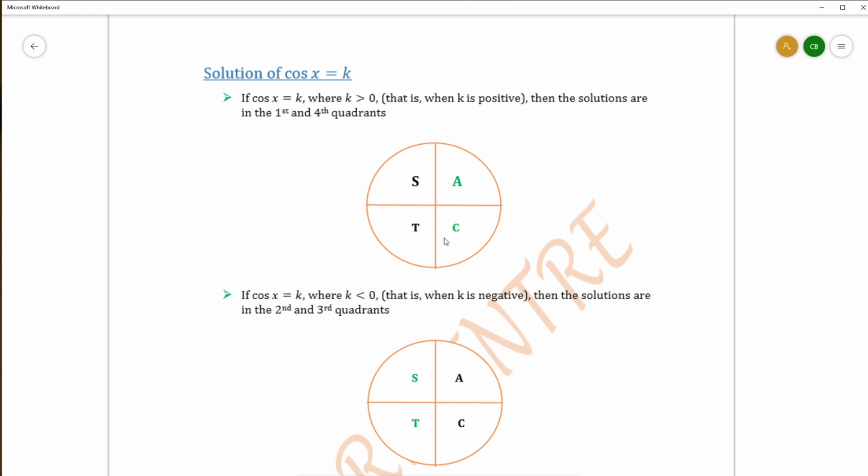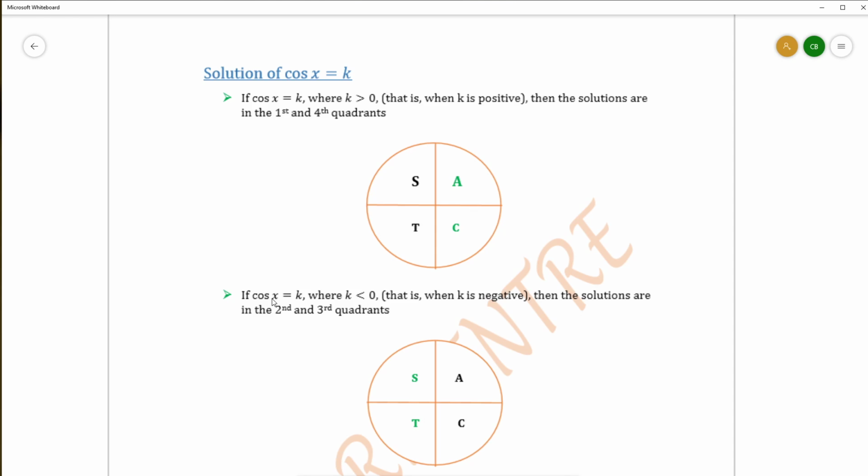So again, we're looking at our diagram, the ASTC diagram. Here all of them would be positive, and in this quadrant cos would be positive. So our solutions where k is a positive number would lie in the first and fourth quadrants.